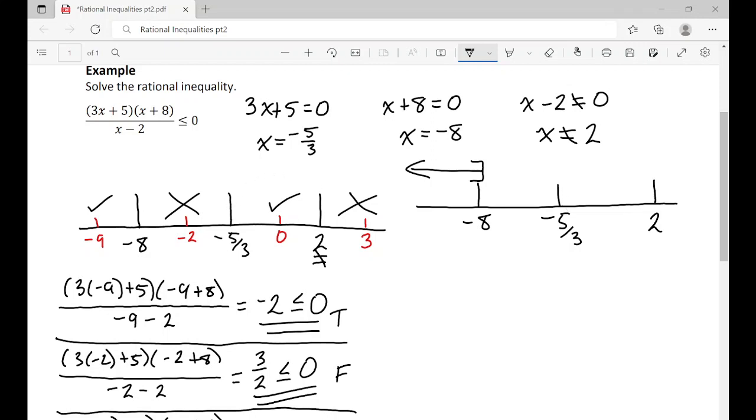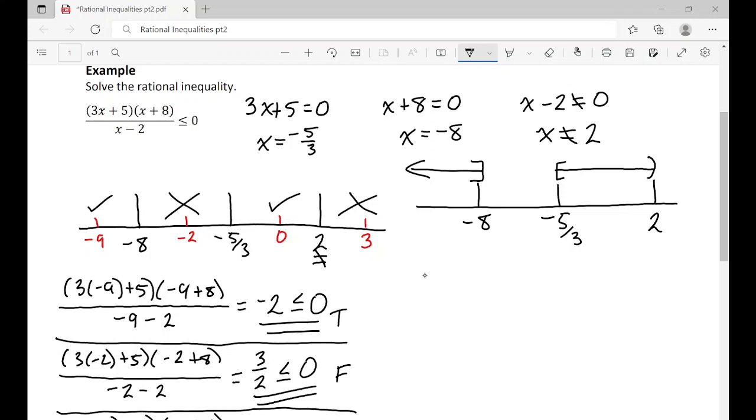Everything's good, so we're going to use, again, a bracket here going all the way to 2. But remember that 2 cannot be equal to, so we cannot use a bracket. It has to be a parenthesis. So here it is in number line form.